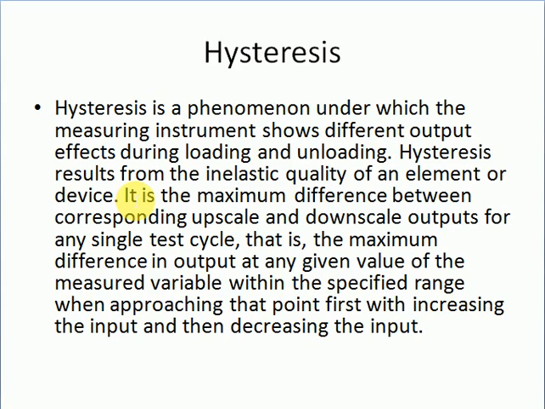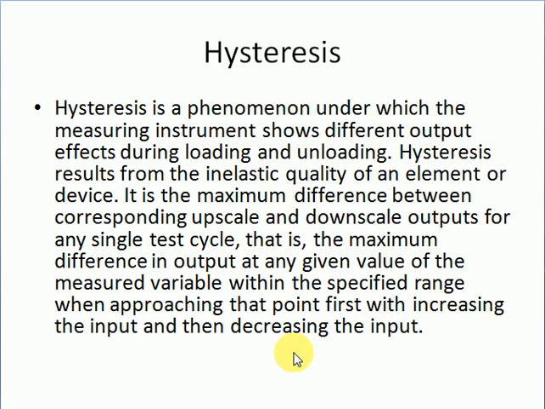It is the maximum difference between corresponding upscale and downscale output from any single test cycle. That is the maximum difference in output at any given value of the measured variable within the specified range when approaching that point, first with increasing input and then decreasing input.